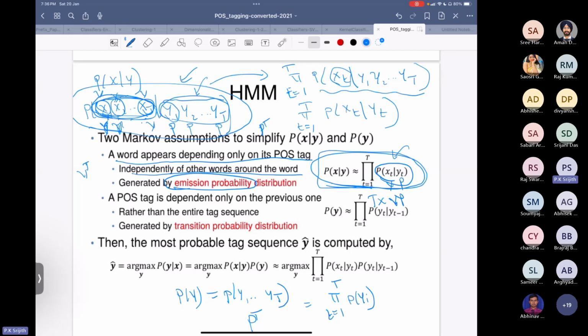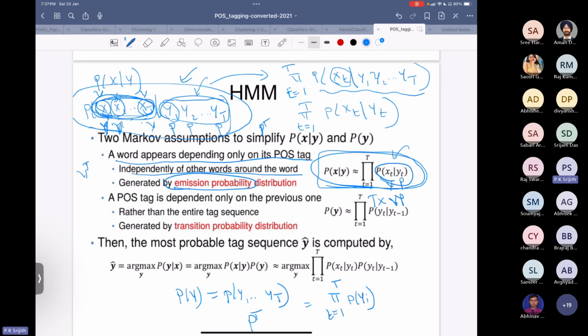But will it capture the dependencies across different positions? I want to somehow capture the dependencies so I can predict better, right?